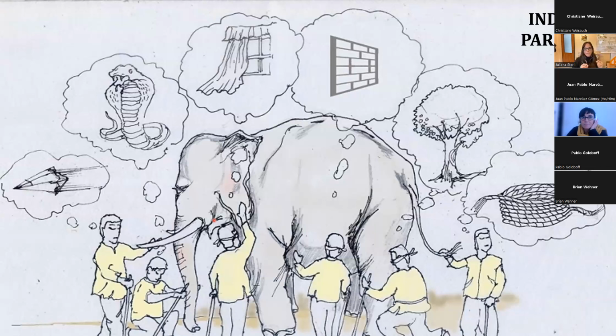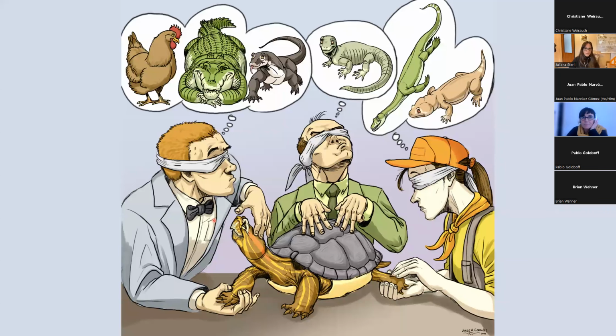Oh, so this is a rope. And the other man is touching a leg and says, oh, this is a tree. And the other man is touching the ear, says, oh, this is a curtain. But no one is speaking to each other and putting all the information in a general context. So I think this is what is happening with the origin of turtles.